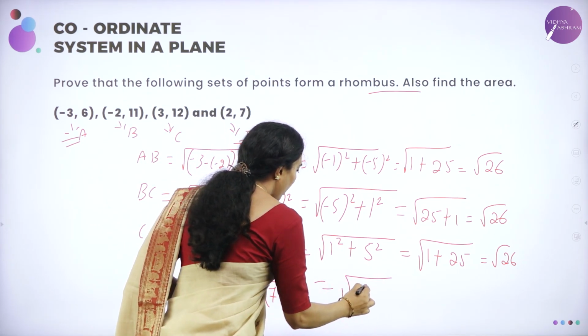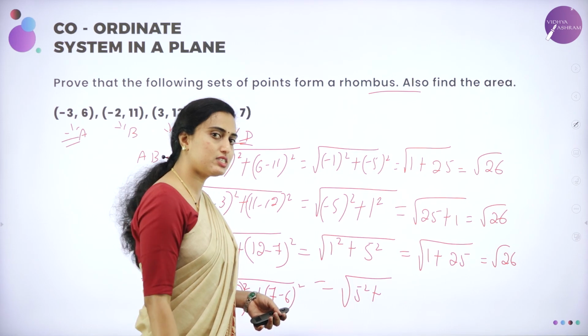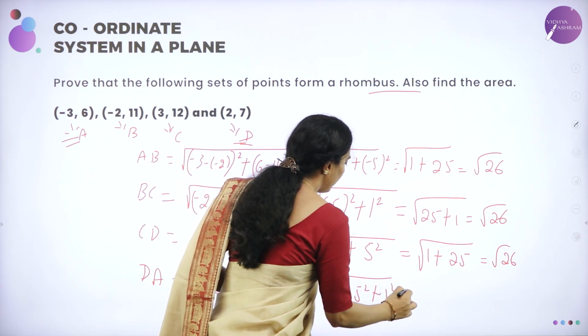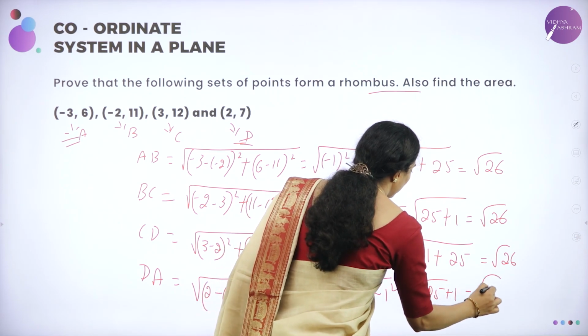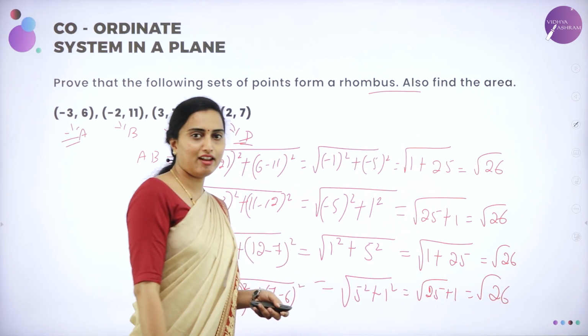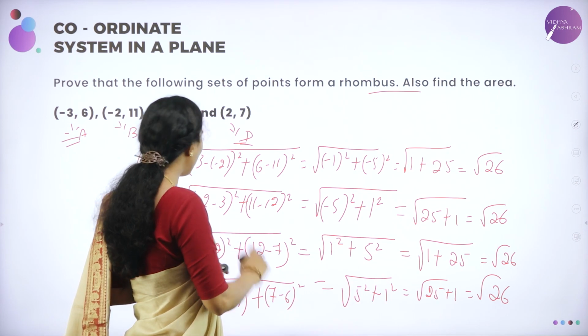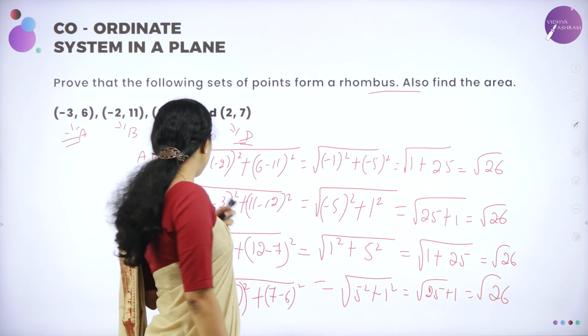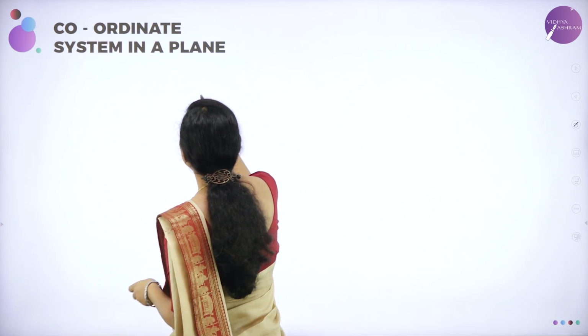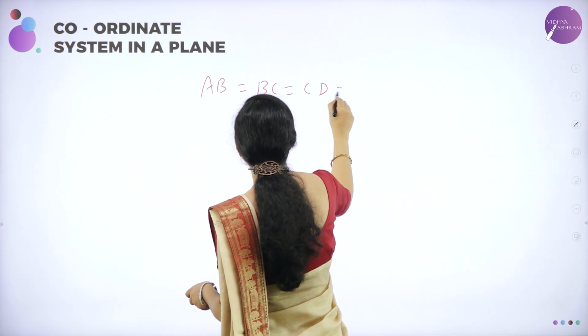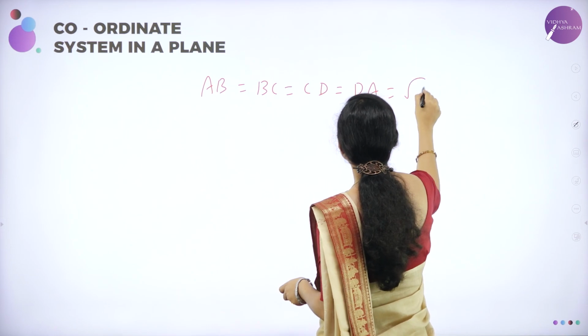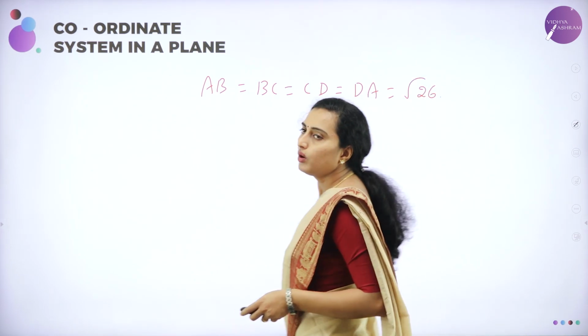So 5 squared plus 7 minus 6, which is 1, 1 squared, which is 25 plus 1, equal to root 26. Therefore, all the sides are equal: AB is equal to BC is equal to CD is equal to DA is equal to root 26.